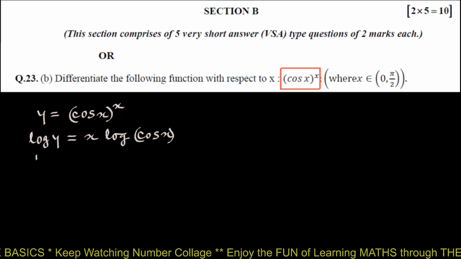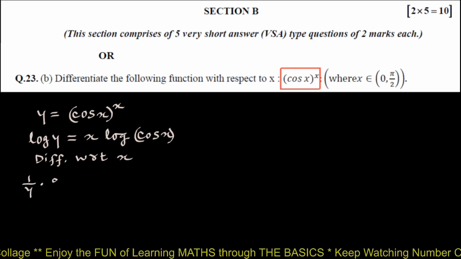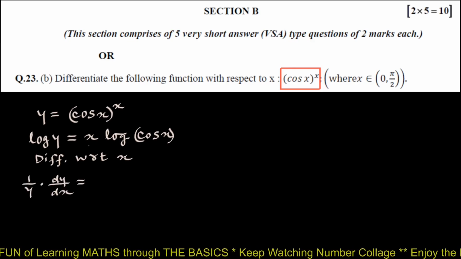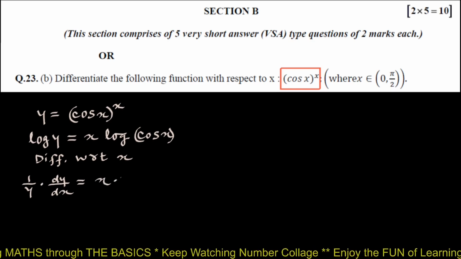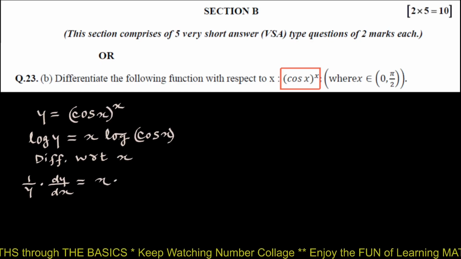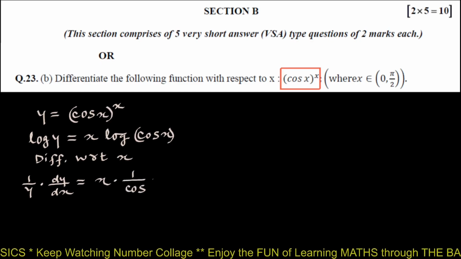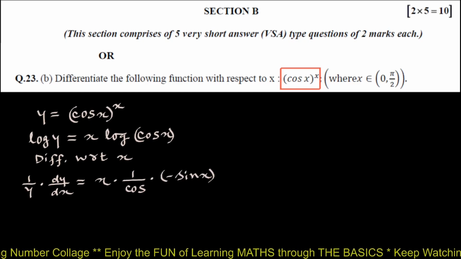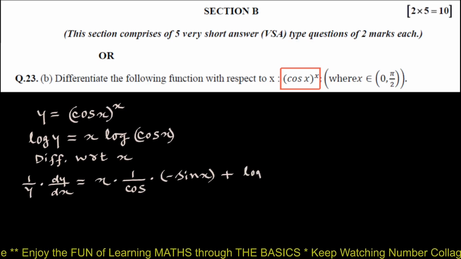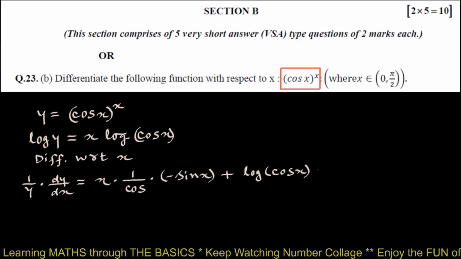Now we will differentiate with respect to x. 1 upon y dy by dx equals, here we will use the product rule of differentiation. First function x into the derivative of the second, that is the derivative of log of cos x. It will be 1 upon cos x into the derivative of cos x, which is minus sin x, plus the second function log of cos x into the derivative of the first, that is the derivative of x, which is 1.